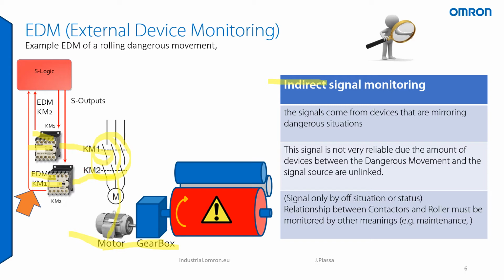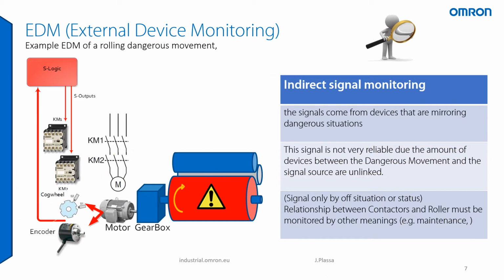This signal comes from devices that mirror indirectly, so it is not very reliable. The number of devices between the dangerous movement and the signal source could become unlinked for many reasons. So this signal is changing, but it's not really healthy. Of course we can use it, but we need to add a lot of extra maintenance and a lot of tests in the regular testing of the machine.